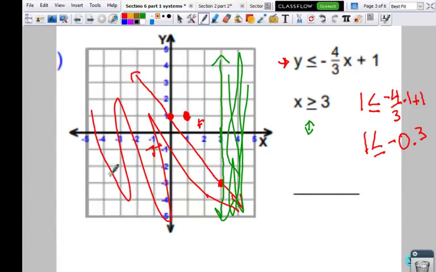What about right in here? Do we have overlap here? No. Now we just got red, right? Over here, there's just the green. The only spot they overlap is this little corner right here where I have red and green. So this is my final answer, that little piece right there. So shade it in really dark, so I know it's your answer, and that's it.